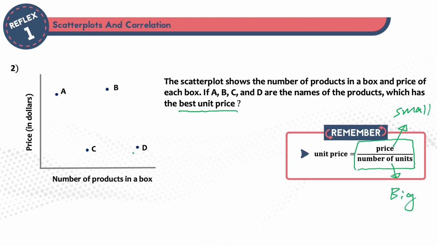So it looks like point D here would be our choice, because if you line up the value for price, it's pretty low there, and the number of products is the highest. Therefore, D would be our choice. Done.